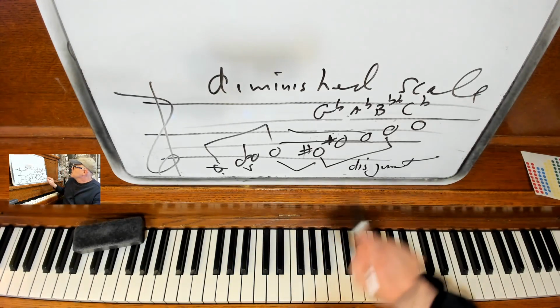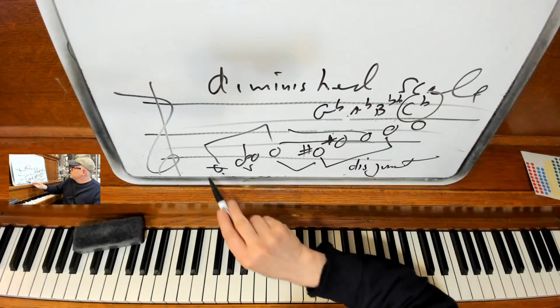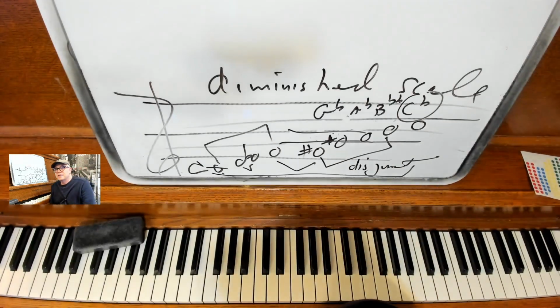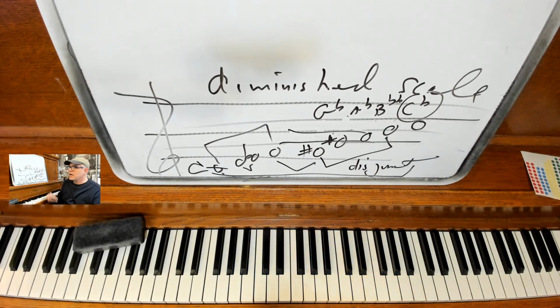And so C to C flat, you know, that can kind of make your head explode a little bit. So again, I'm just showing you the inherent problems in musical notation and why some thought has to be put into what you're doing. All right, but that's how you make a diminished scale.